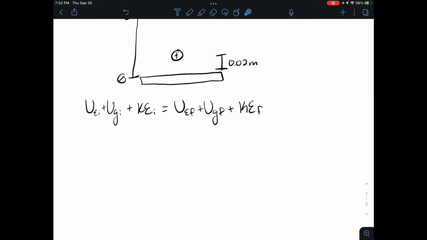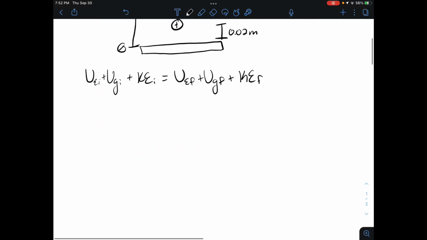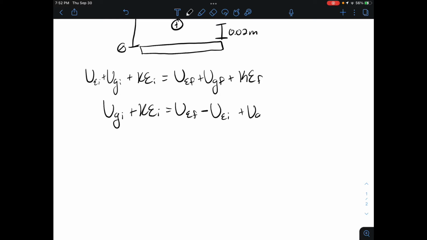Now, the first thing I'm going to do is take the electric initial and subtract it from both sides to move it over this way. So I have my gravitational initial plus our KE initial equal to our electric final minus our UE initial, plus UG final plus our KE final.